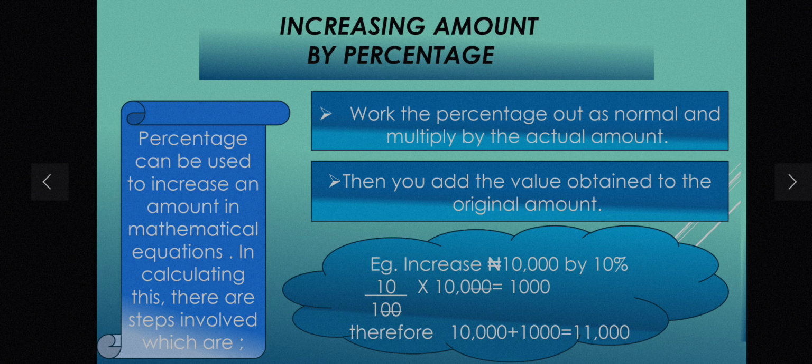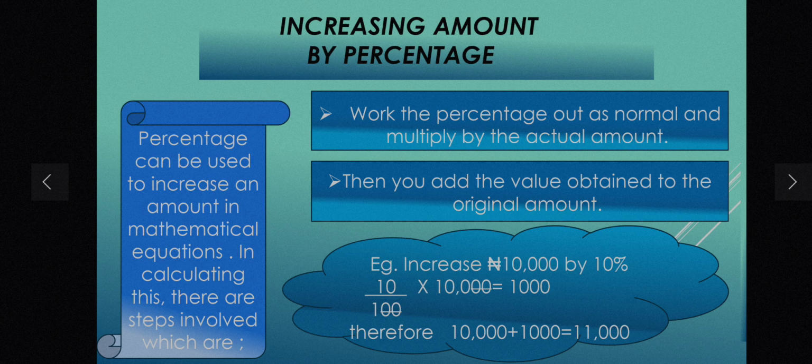Listen to me very well so that you will get it. Working out the percentage as normal is dividing the digit they gave you by 100. Like now in this example here, they said increase 10,000 naira by 10%. Working out 10% becomes what? 10 over 100. Then multiply by the actual amount.